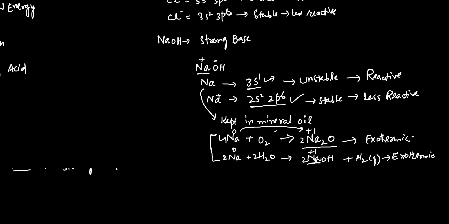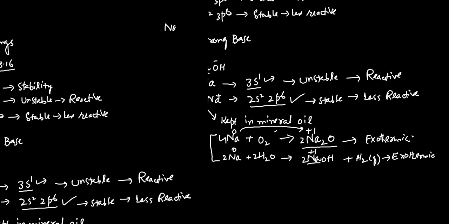That is why sodium is always kept immersed in oil in the laboratory or anywhere where it is used. So now the question is that sodium hydroxide is in the plus one oxidation state already, sodium here. So what is the problem here?